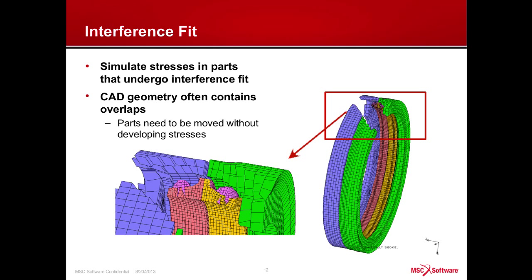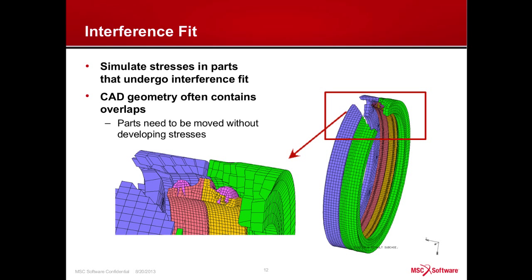Interference fit usage is quite common in machinery components like spur gears on a shaft and coupling, even a tire mounted on a rim, bushings, valve seats, and rubber seals and so on.